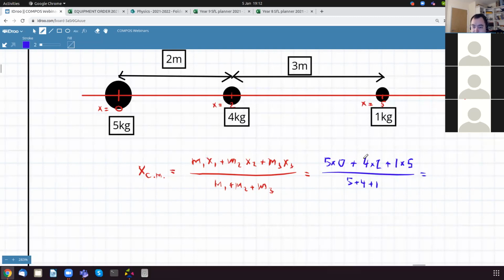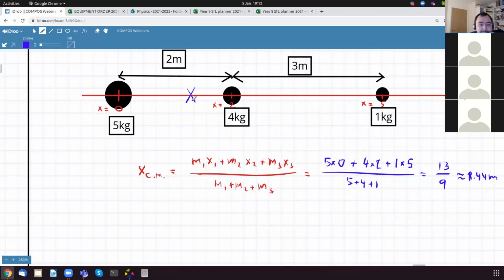And that gives me, so that's 0, 8 plus 5, 13, over 5 plus 4 plus 1, that's 9, 13 over 9, which is approximately 1.44 meters. So the center of mass has a coordinate, so this is 2 meters, so it's approximately here.